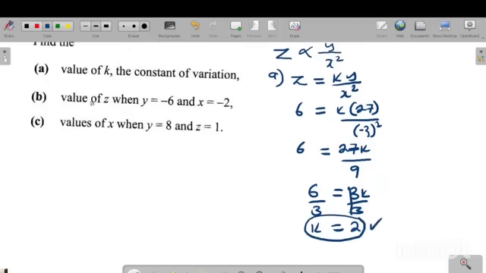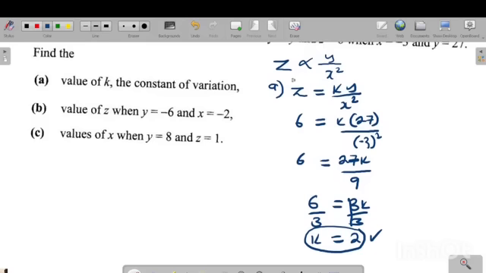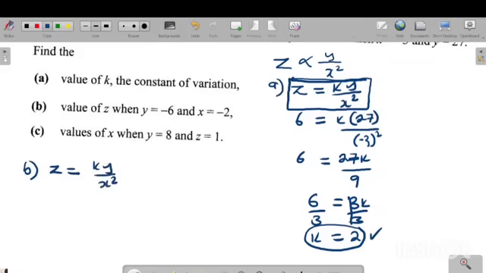B, they are saying the value of z when y is equal to negative 6 and x is equal to negative 2. Alright, so the equation that you are going to use to work out B is this one. This equation that you make here is very important. So this is B, z is equal to ky over x squared.